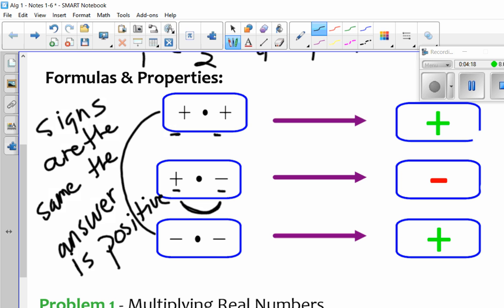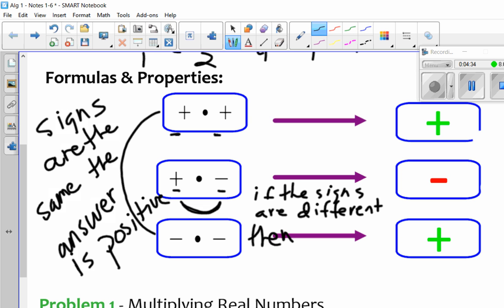And with the other part of that rule, if the signs are different, then the answer is negative.